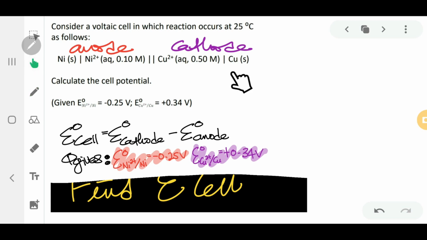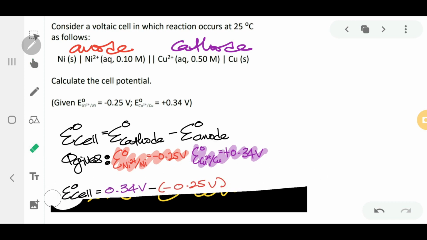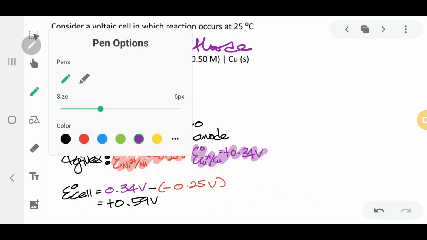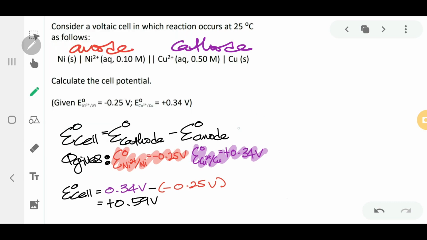So the copper value goes in there as the cathode, and the nickel half cell will be the anode. You put in the value of your nickel standard reduction potential, and you will get the E0 cell value. By doing this, you would get 1 mark and 1 mark right there.